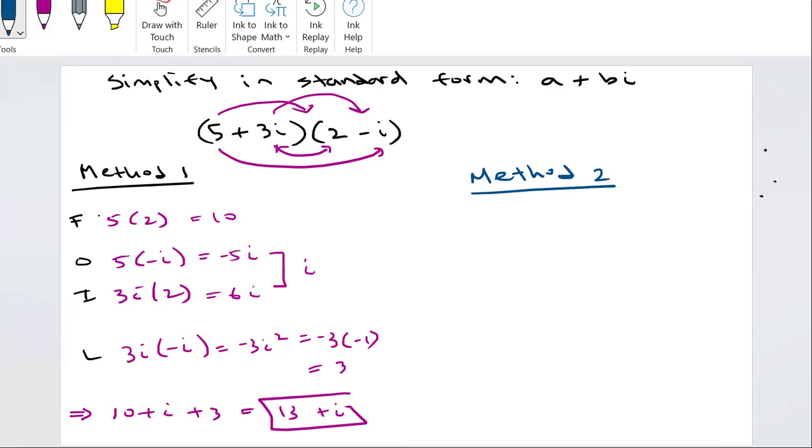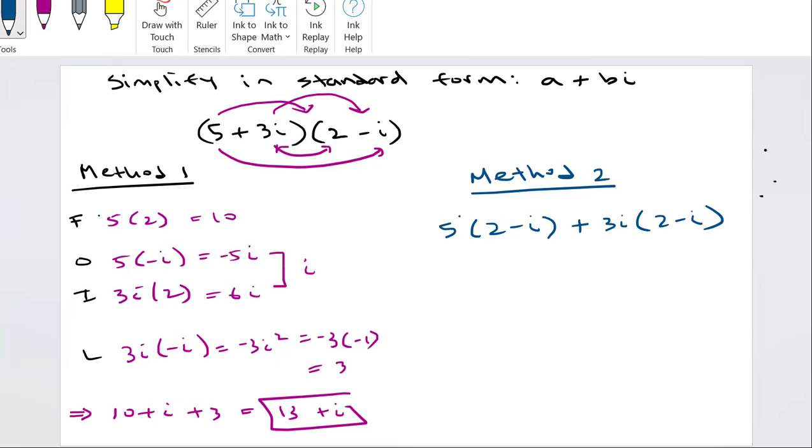So I break it down to two parts. I have the 5 times 2 minus i plus 3i times 2 minus i. I like this better because now I know what I'm distributing. But again, if you like method one, that's fine.